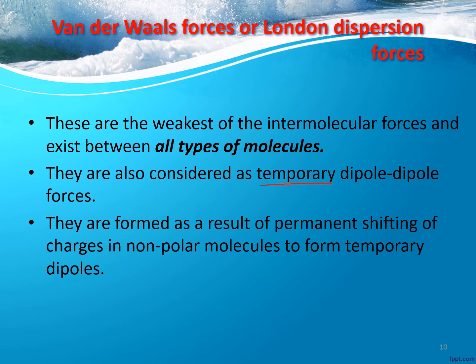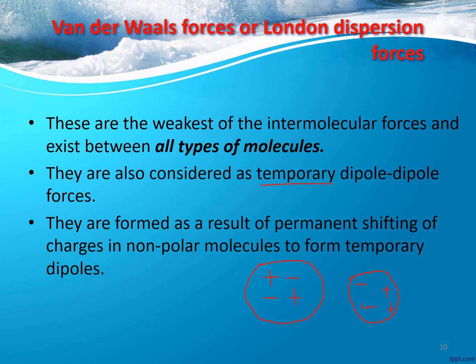dipoles. So if you have a molecule like this with evenly distributed charges, it is very possible that the charges may rearrange themselves to have this. You have negative and negative to this side, positive and positive to this side.